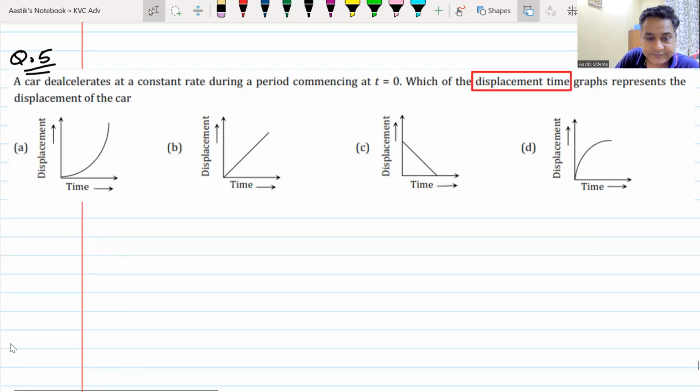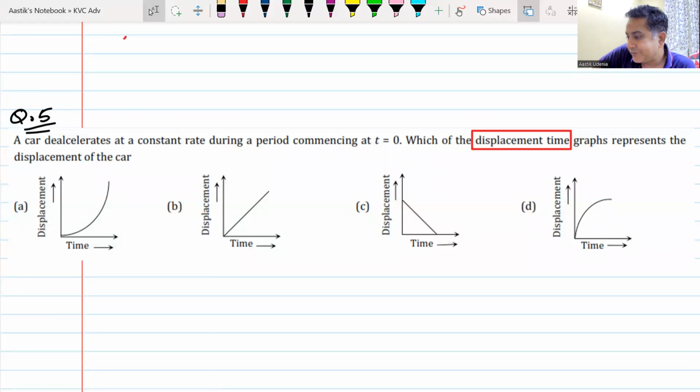Yes, bacha. So look at the graphs. The car is deaccelerating, constant deacceleration.